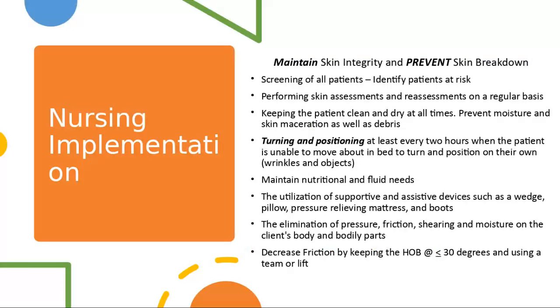So our goal for nursing is we want to maintain their skin integrity. We want to prevent this skin breakdown from happening. So we know all the things that we should do, right? If we have these high risk patients, we want to make sure that we're implementing all of the things that we can to make sure that we're preventing any skin from breaking down. Okay, so again, this is all the things that we've talked about already.